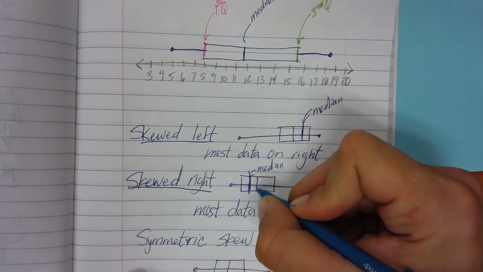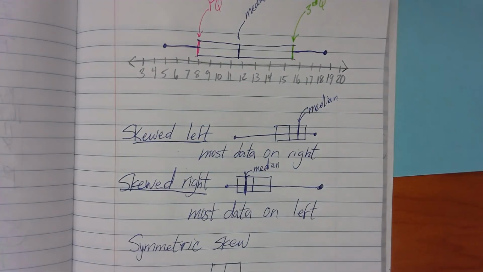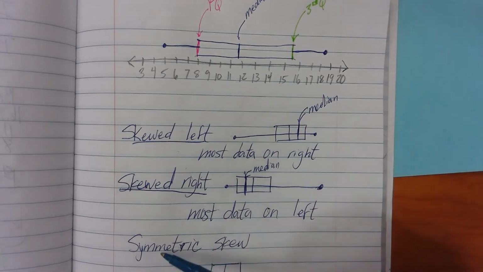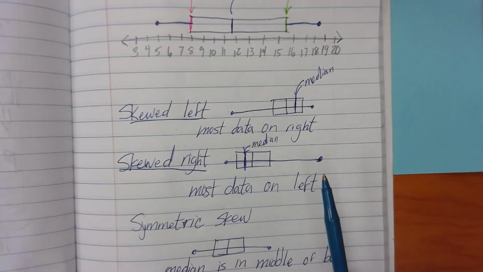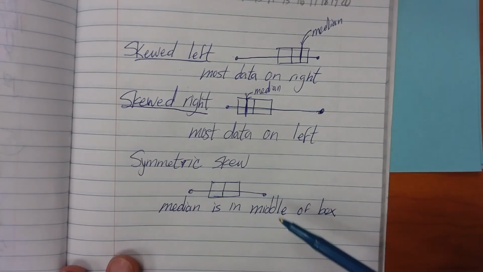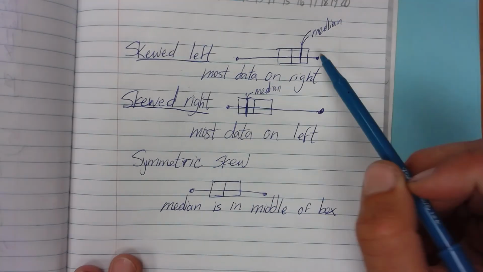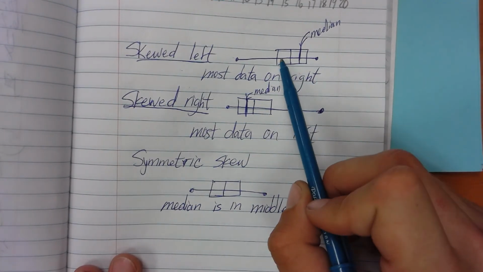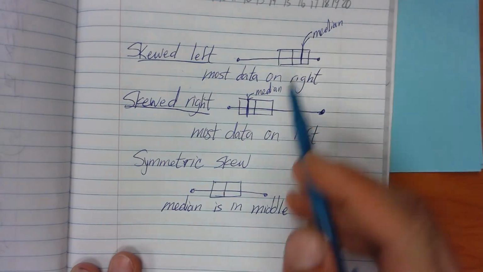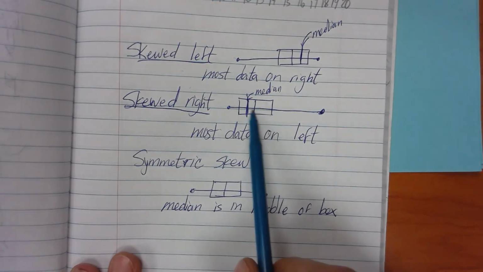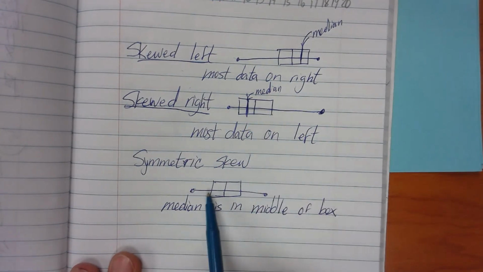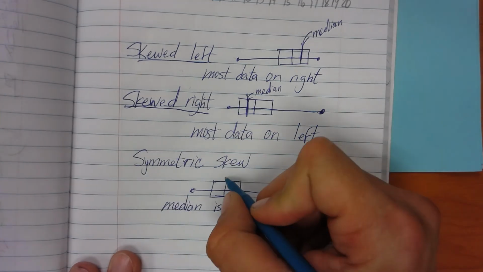So erase that line, and you can see then when it's symmetric, you see it's skewed left, there's more data on the left side. If it's skewed right, there's more data on the right. If it's symmetric, then the median is in the middle.